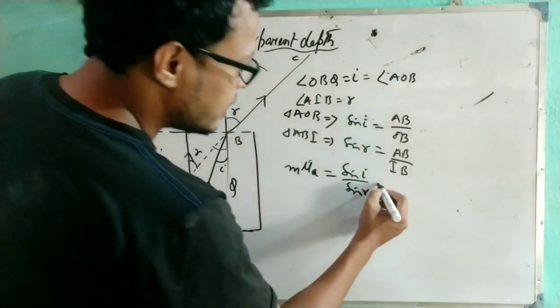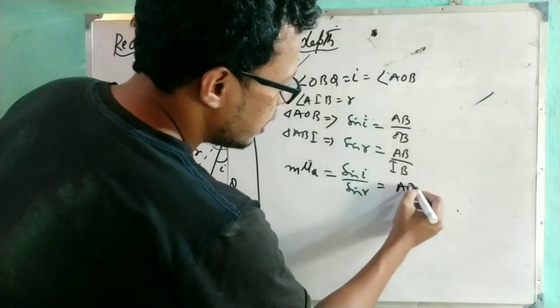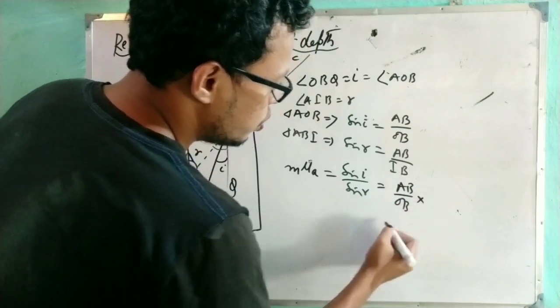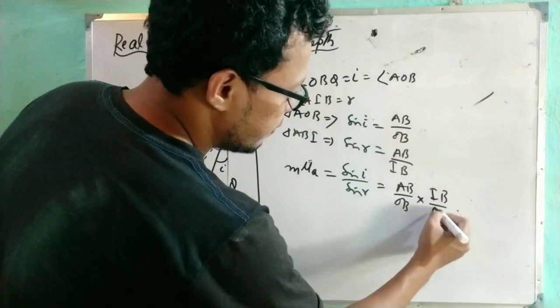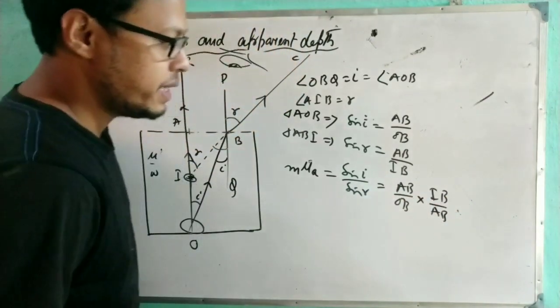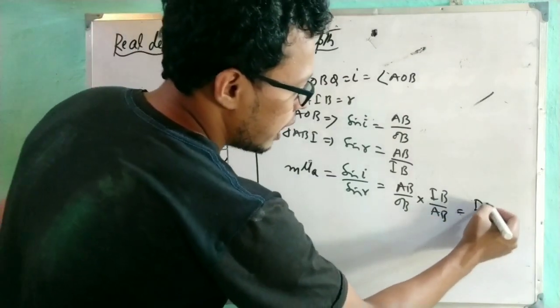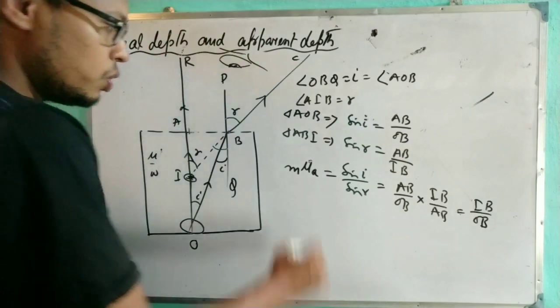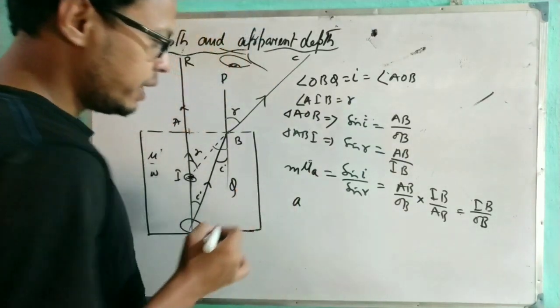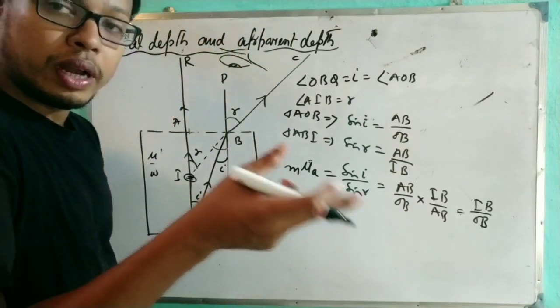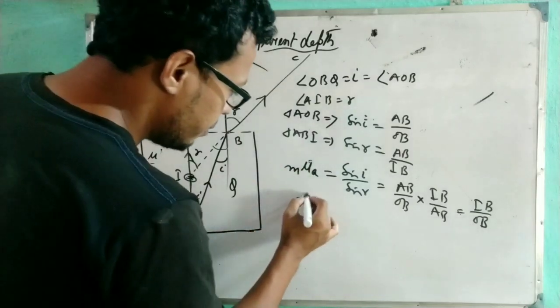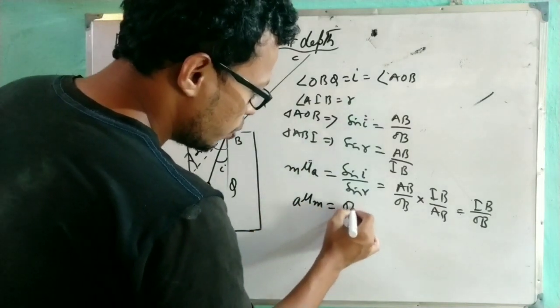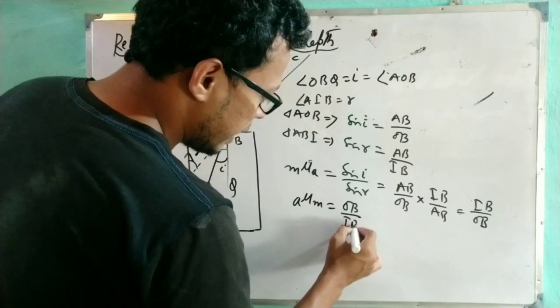So sine I by sine R, you do it, it will come AB by OB into IB by AB. AB will cancel out and it will give IB by OB. Okay. One thing we did, 1 mu 2 equals 1 by 2 mu 1. So here A mu M will be OB divided by IB.